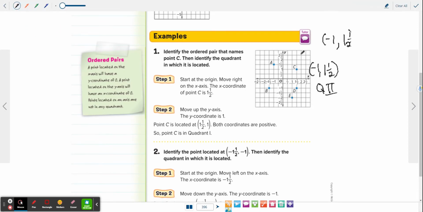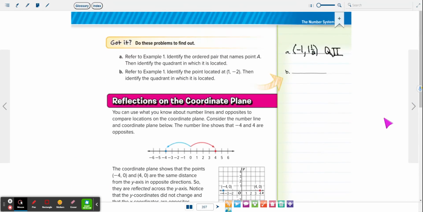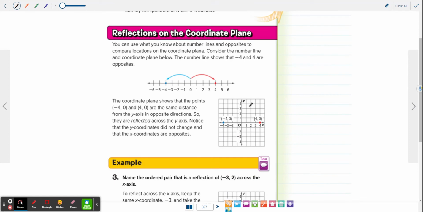Now the quadrants, remember this was 1, this was 2, this was 3, and this is 4. So it's in quadrant 4. Okay, so we'll go back over here. Point E, and it is in quadrant 4. 4 is IV for the Roman numerals.